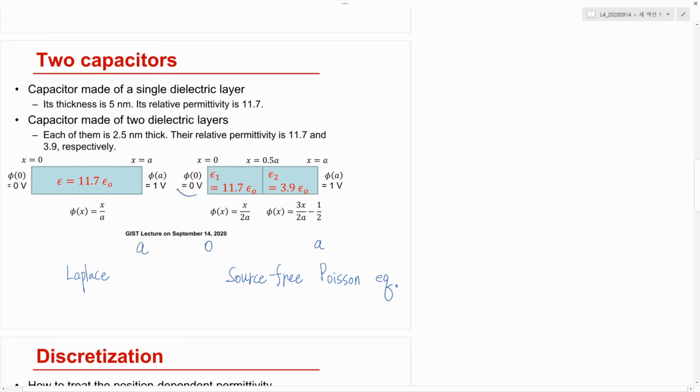Between these two contacts, we have dielectric material, and in the left sample, we have just homogeneous material. Silicon's relative permittivity is usually said to be 11.7.